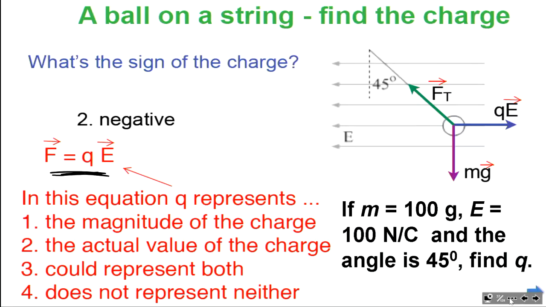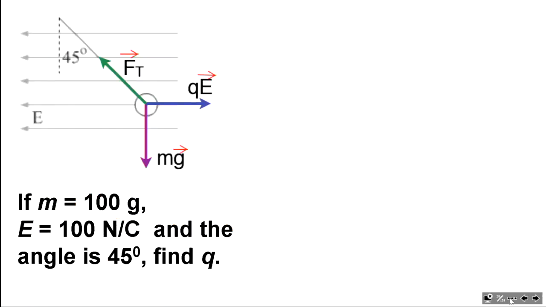So if you write this equation, which relates a force, a charge, and electric field as vectors, this variable represents the actual value of the charge. Actual value could be positive, actual value could be negative, well, even zero, so force would have been zero. But if you want to solve a problem, we will have to use magnitudes. So let's solve the problem.